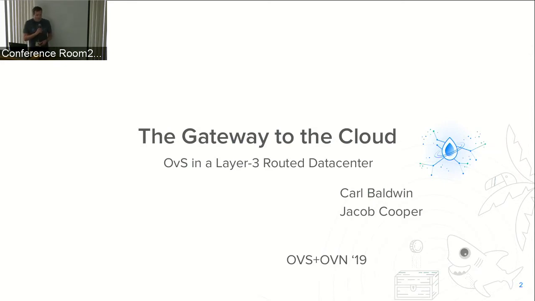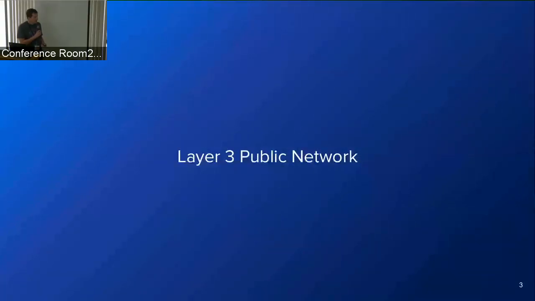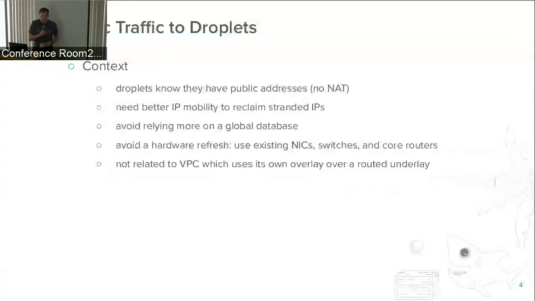We're going to talk about what we've been doing for the last year with public traffic at DO. So this is specifically about putting public traffic to the internet on a layer 3 network. DO is somewhat unique in that among cloud providers, most of them don't take public traffic directly into the VM.